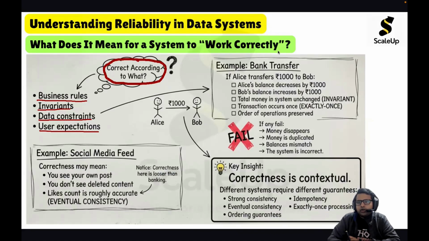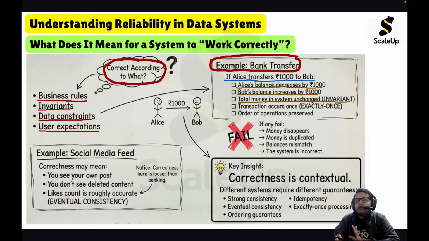Let us look into an example of a bank transfer. Let us suppose Alice transfers rupees 1000 to Bob. Ideally, Alice's bank balance should decrease by 1000 and Bob's bank balance should increase by 1000. The total money in the system should be invariant, because whatever got debited, the same amount got credited.